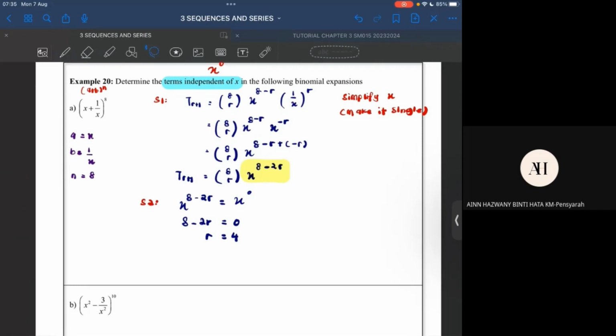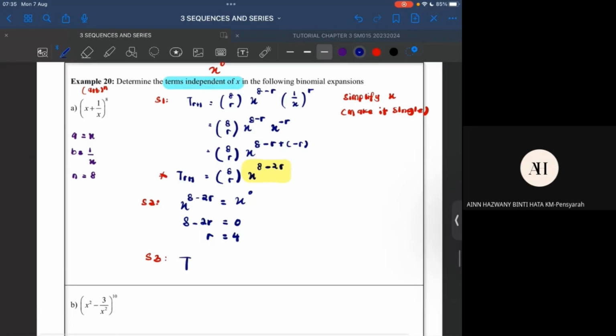So apa step yang ketiga, kita basically substitutekan balik sahajalah. Okay, substitutekan balik dekat nombor 1. So jangan substitutekan kat sini. Kita dah simplify kan, kita substitute lah dekat sini. Okay, substitute back here. So TR plus 1, 4 plus 1 will be 5 equals to 8, 4 X 8 minus 2 times 4.